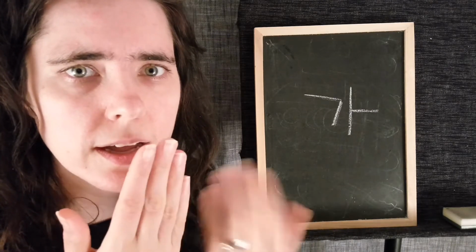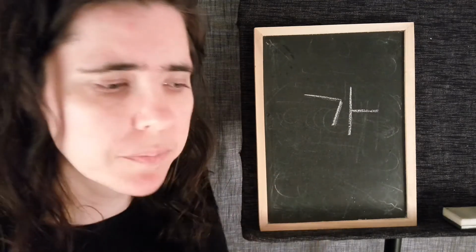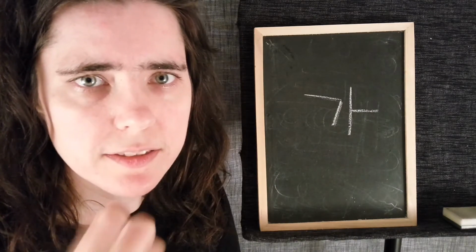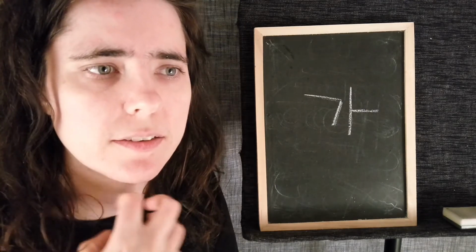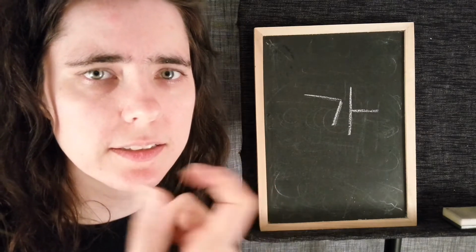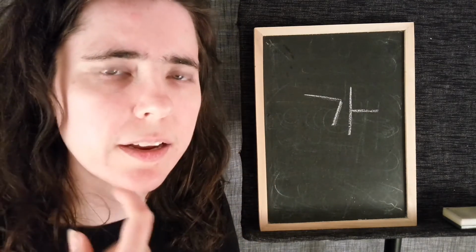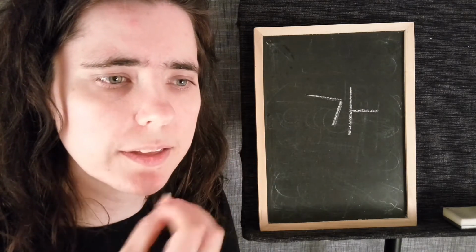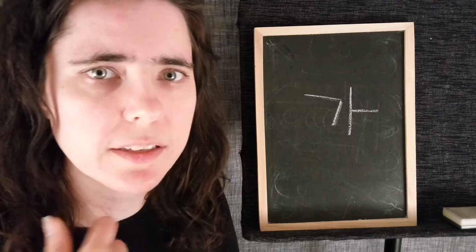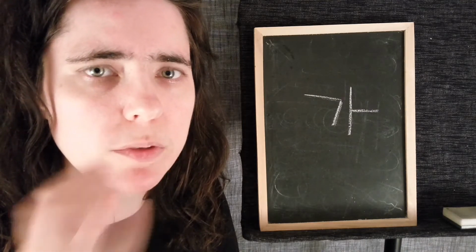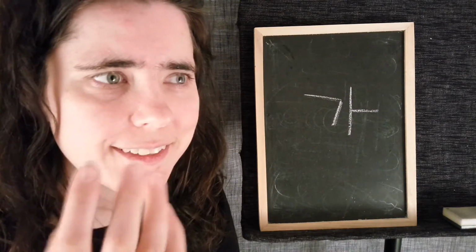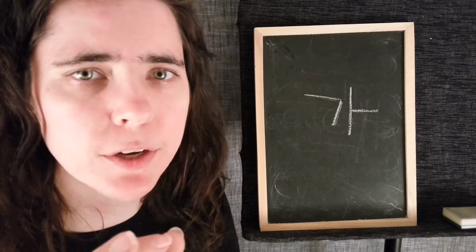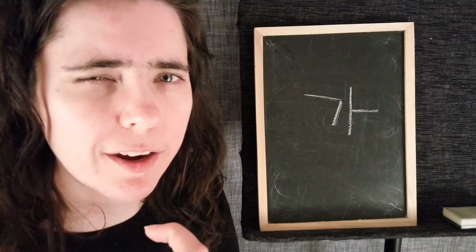Whereas if you say ga, there's no puff of air. It's very voiced, so when you're actually saying the g sound, you're using your vocal folds and a bit of tone rather than just a bit of air.